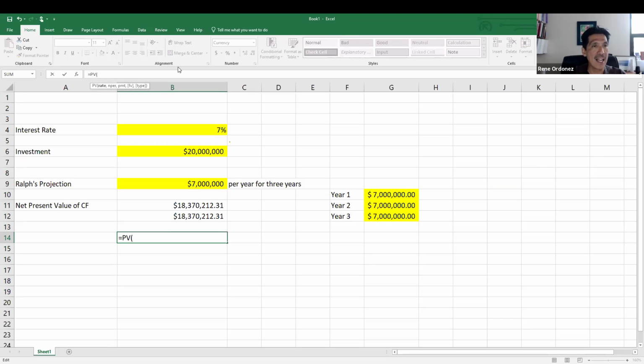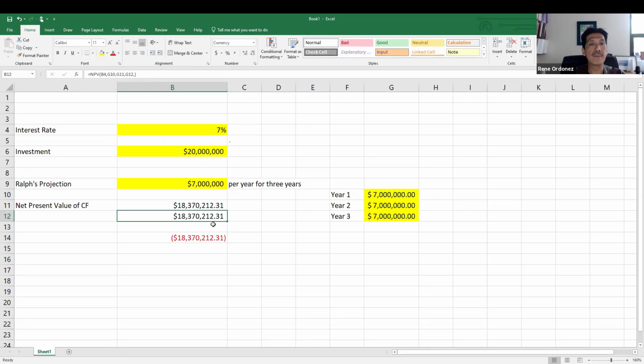The present value function asks for the rate over here, and then NPER, meaning number of periods, which would be 3 years, and then the payment, the cash flow, would be 7 million. Either way, you get the same answer.